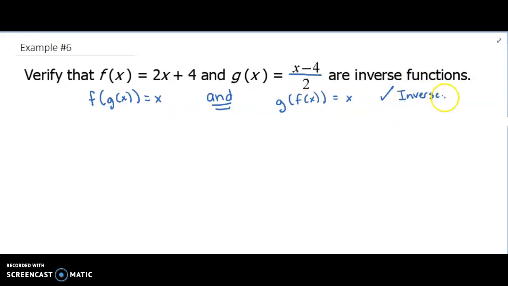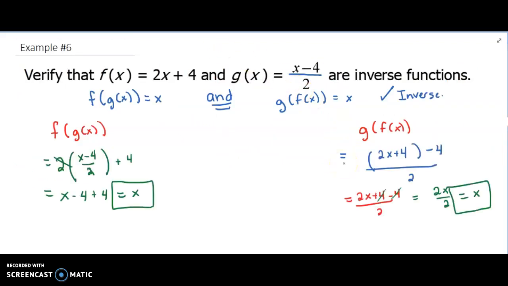So try to get f of g of x, and don't assume they both equal x, and try to get g of f of x, and then we'll look at them. Pause this, try to do these, look at what we did in example 5, and then we'll go over it.